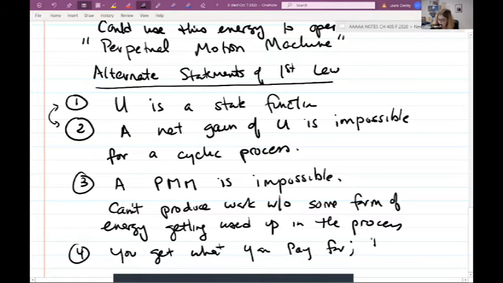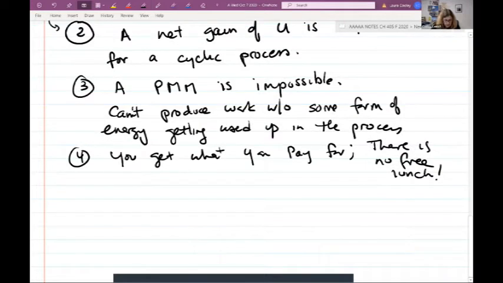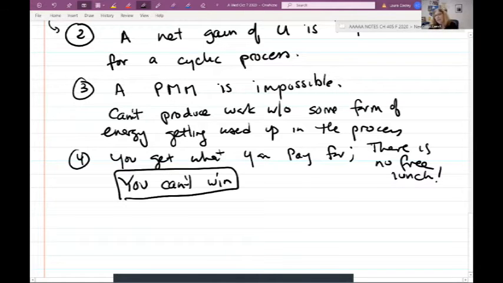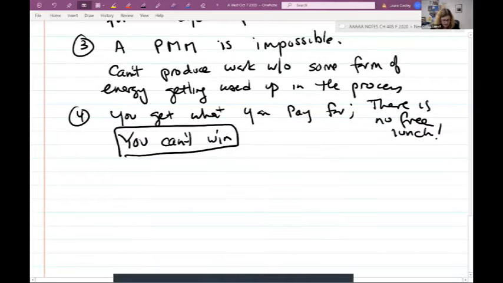There is no free lunch. Okay, you can't win. That's another really famous one. And I like that one because then the second law becomes you can't even break even. And then the third one is you can't get out of the game, but that's a little hard to explain. And it doesn't really work as well as the other two. We'll get to that later.